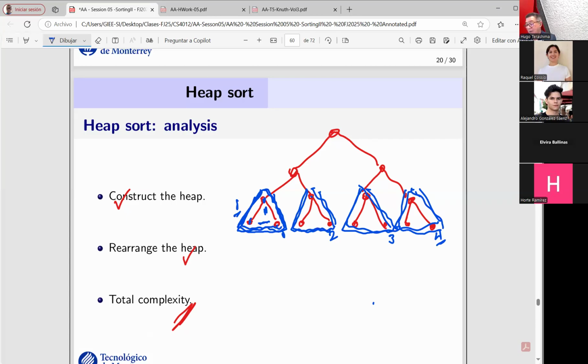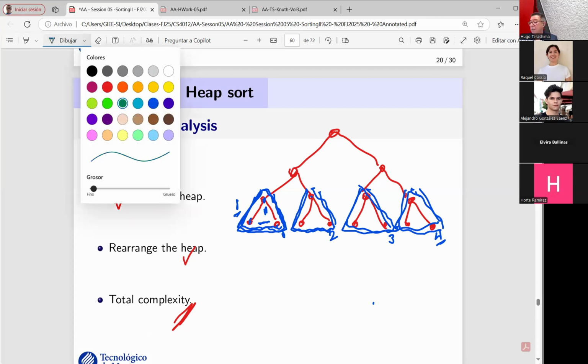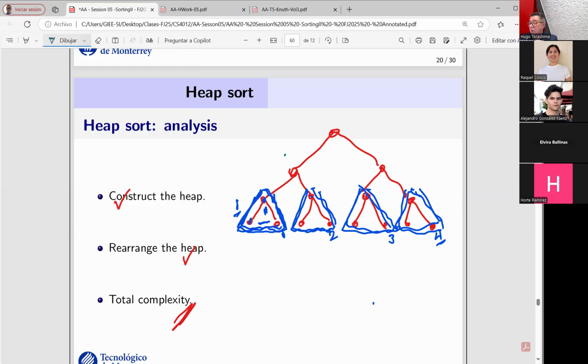So is that clear? No, but we just constructed the smallest tree. So we need to go up to construct the whole heap. Now I'm going to change the color. I'm going to say green, right? The green is to construct this subtree. How many subtrees do I have? 2. 2. 1 here and 2 here.